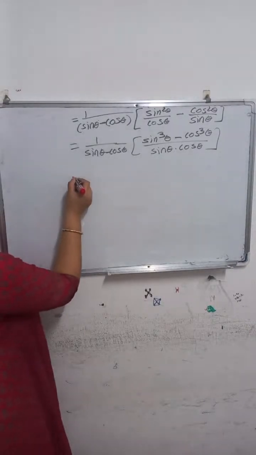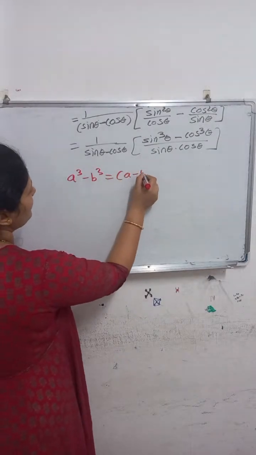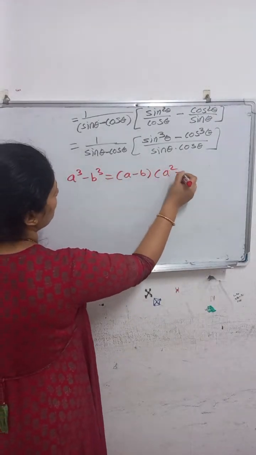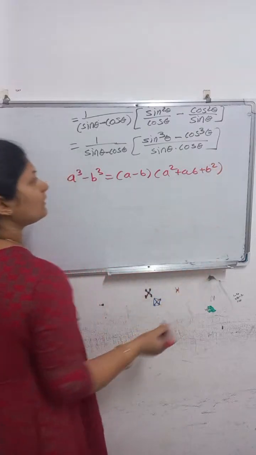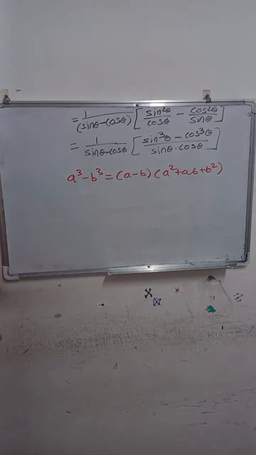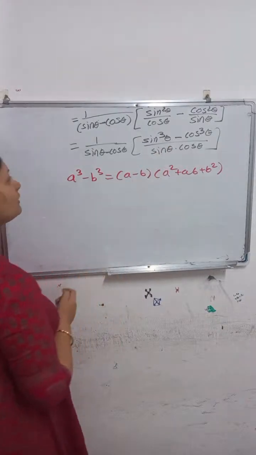So we have one formula: a cube minus b cube is nothing but a minus b into a square plus ab plus b square. Here a is nothing but sine and b is nothing but cos.